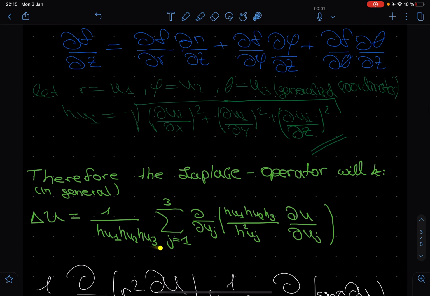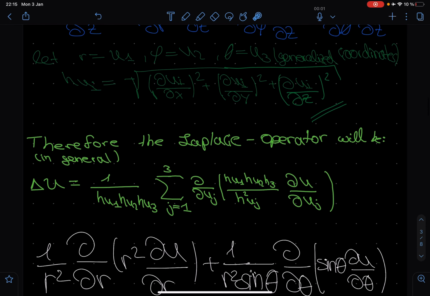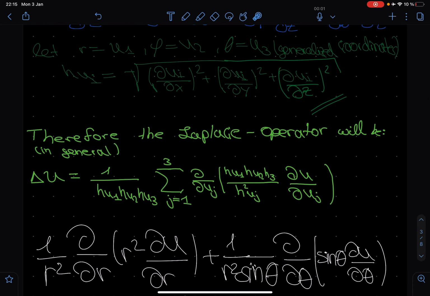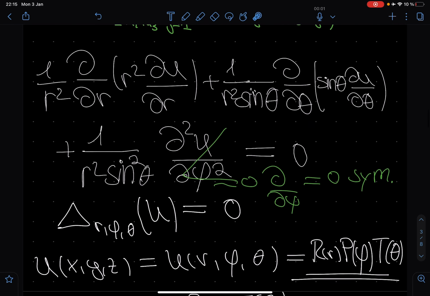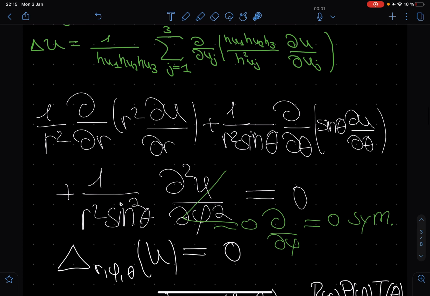And if we apply this rule again to our Laplace equation with spherical coordinates, we will get this equation. So this equation will look a bit more complicated. Just ignore this fact, because that's actually for the solution later.